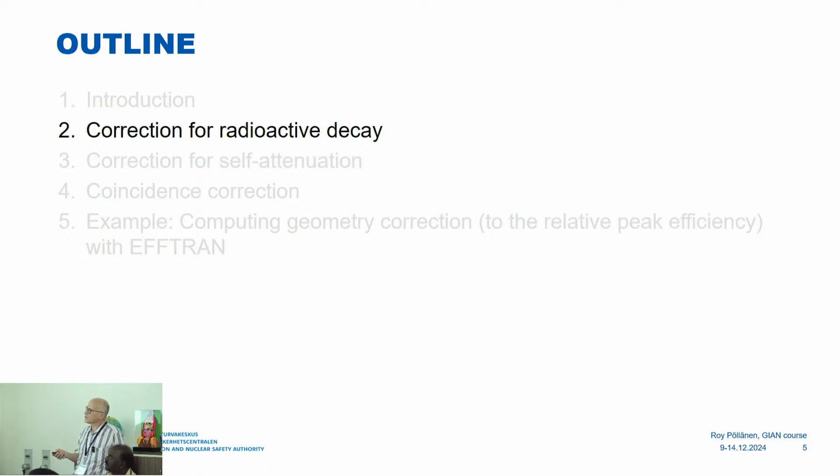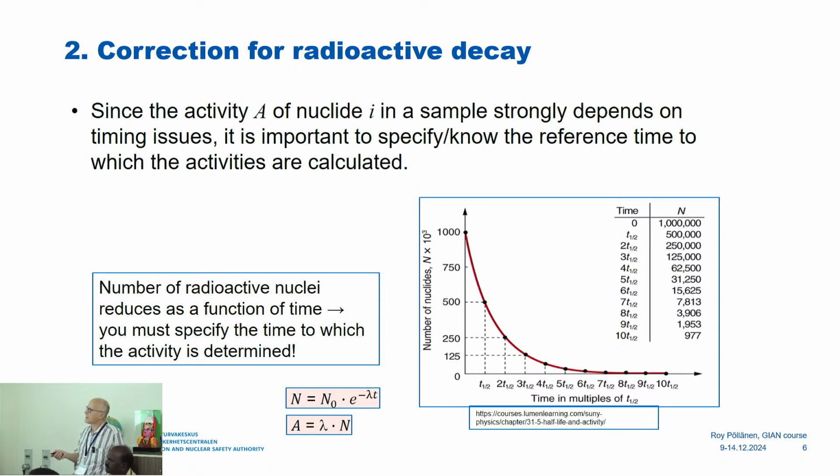Let's look at the correction for radioactive decay. You know certainly this picture. This is timing, and this is the number of nuclides in some sample.